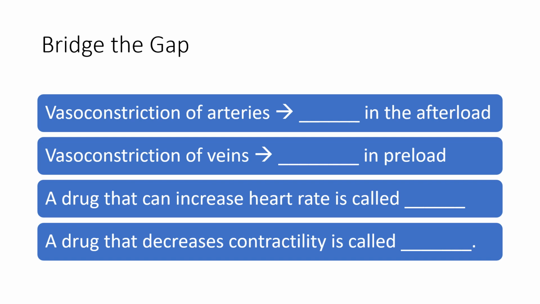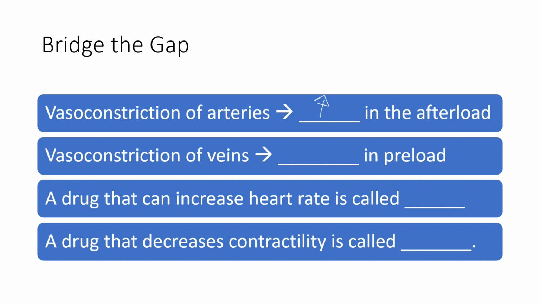If you say increase afterload, you're correct, because there is going to be increased resistance. And remember, afterload is workload. So if the arteries are vasoconstricted, they're narrow, the left ventricle has to work harder to open up that aortic valve to eject its volume. So the afterload goes up.